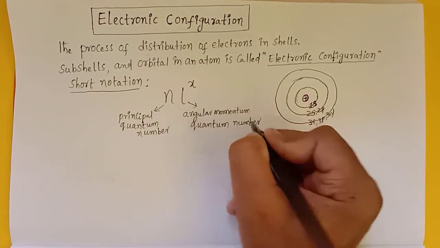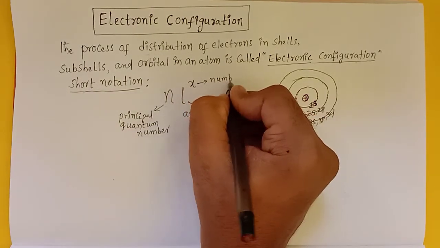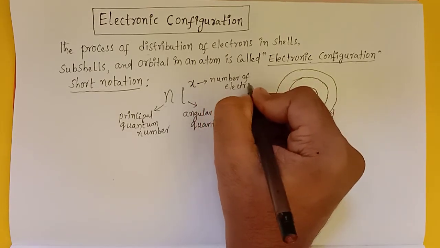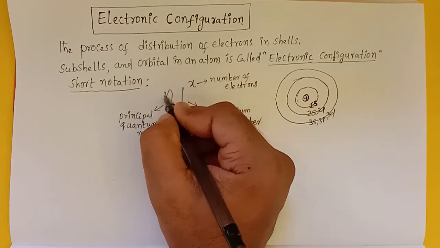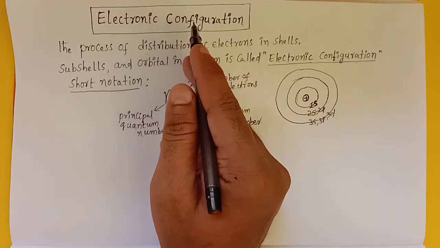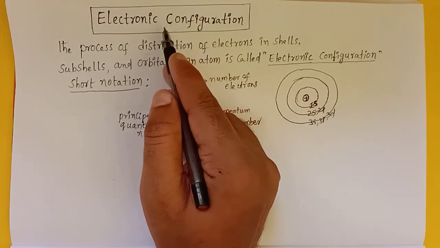And x indicates the number of electrons. So this is the representation. We can use this notation to write the electronic configuration for each element.